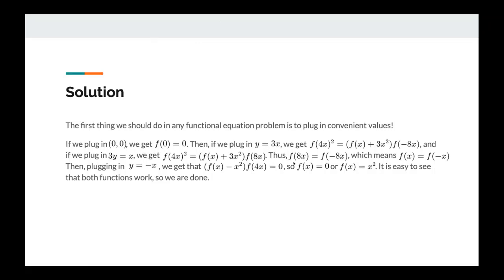One way we can prove that is by going into this. So what this is doing is, first, we can easily see that f of 0 equals 0. And then we plug in y equals 3x. But why do we want to plug in y equals 3x?